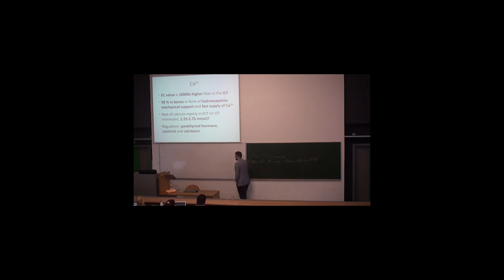Inside the cells, calcium is, for example, in some compartments such as the sarcoplasmic reticulum, but the cytosolic concentration is quite small, 10 to the minus 7, 10 to the minus 8 moles. So the biggest portion is in bone, then in the extracellular fluid and plasma, but inside the cell, almost nothing.